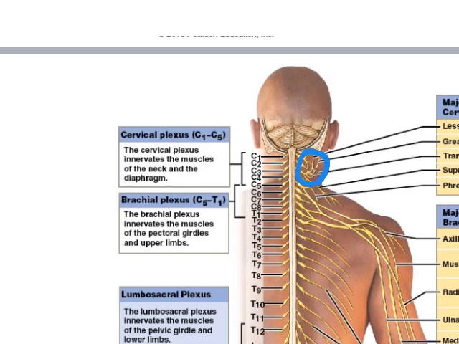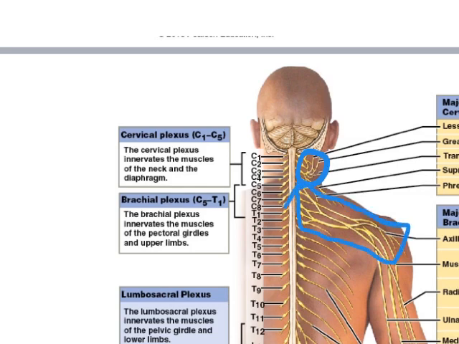The brachial plexus, which you may remember from the surface anatomy lecture that I gave, we talked about the brachial plexus being located in the posterior triangle of the neck, and so you can see the brachial plexus begins here and comes out to the shoulder.